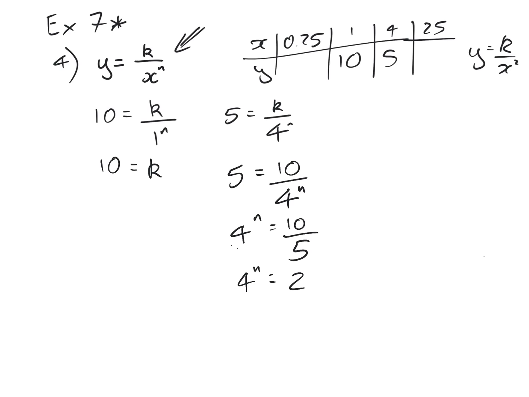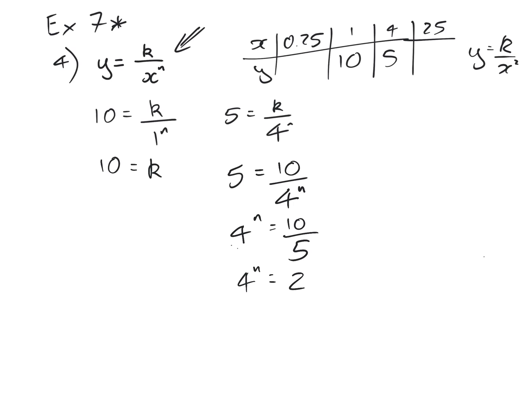We did do a little bit of indices work last term. But mainly this is actually going to come up in this book, is what index that is. 4 to the something gives you 2.